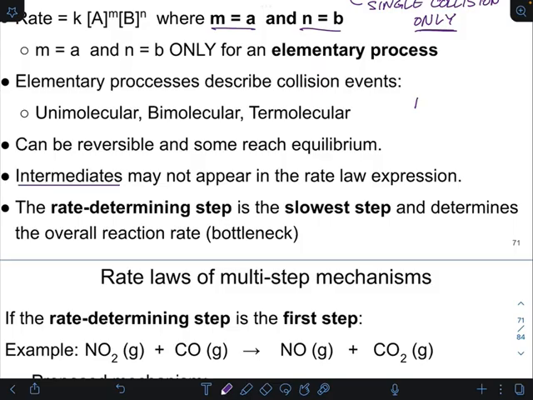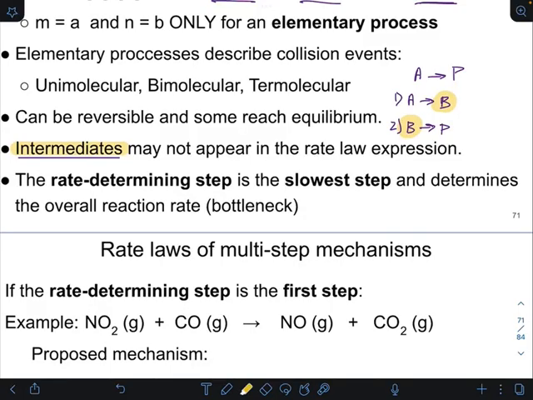So let's say we have the reaction A goes to P. And we say that this mechanism is composed of two steps, A going to B and then B going to P. Then the intermediate in this case would be something that is made and then goes away. So B would be an intermediate.